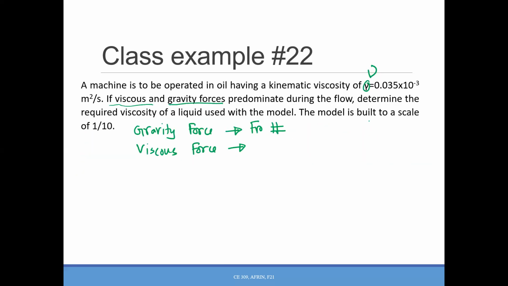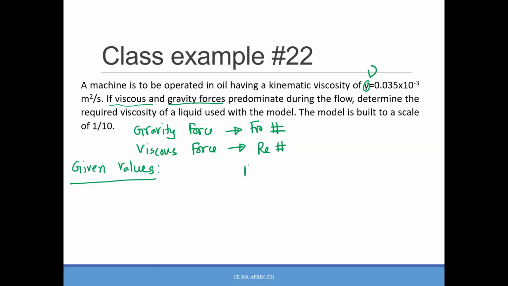So for this problem, for prototype and model, gravity and viscous forces, the Froude number for model and prototype will be same, and the Reynolds number for prototype and model will be same.